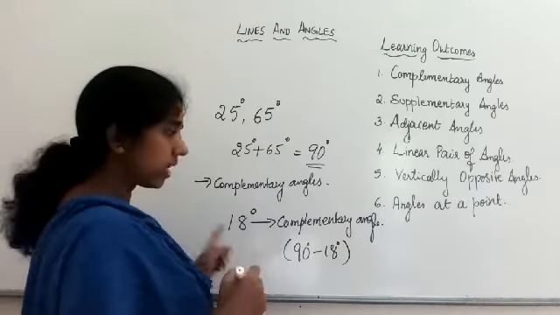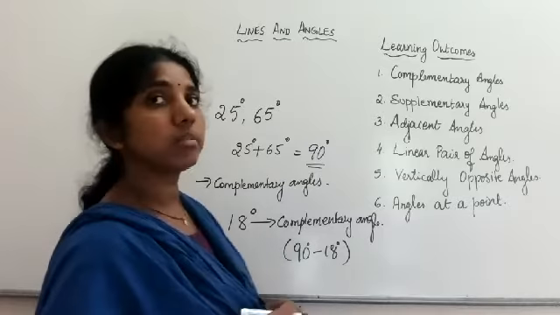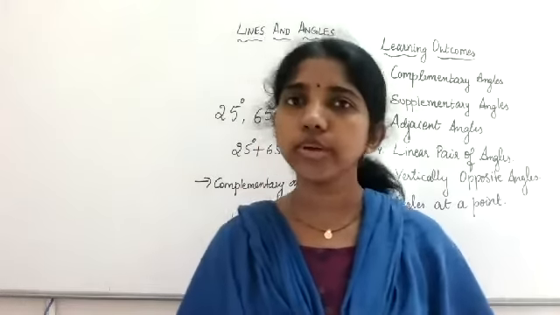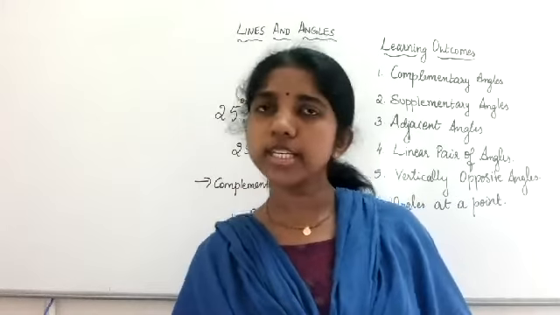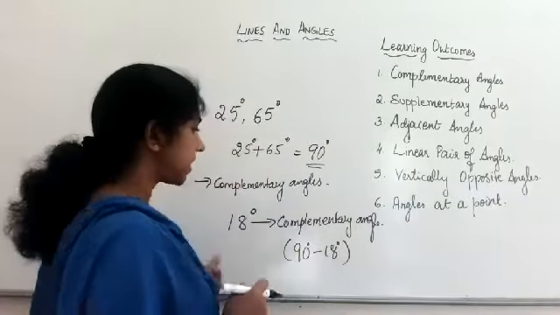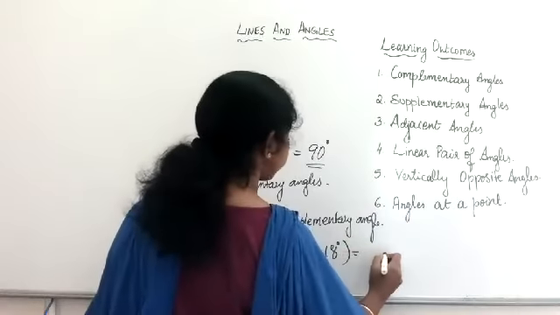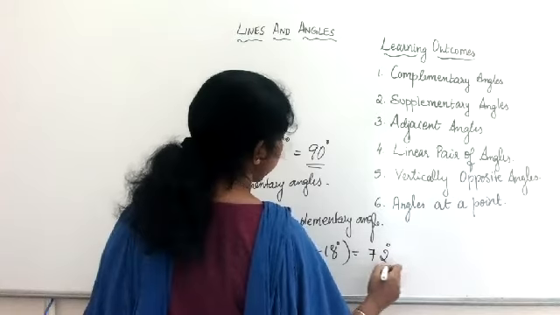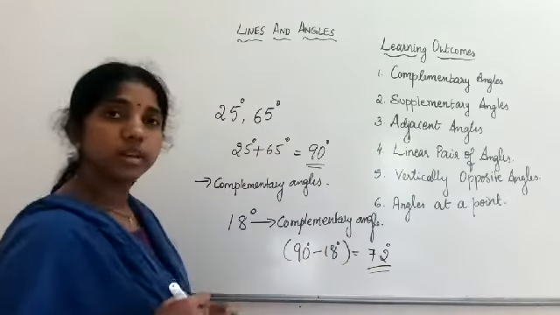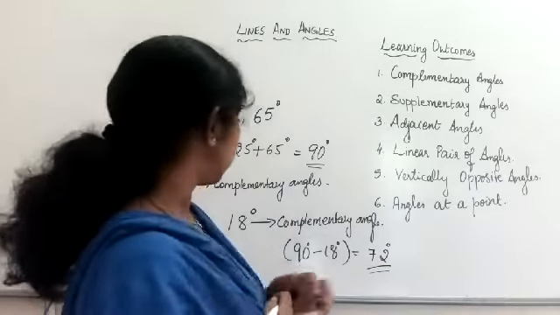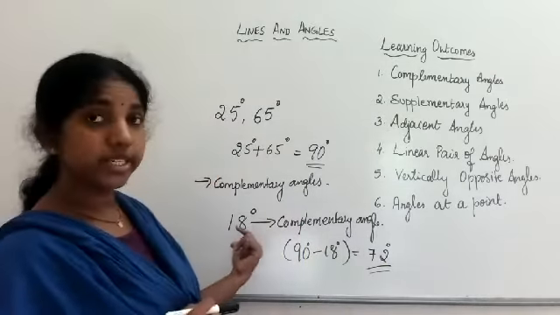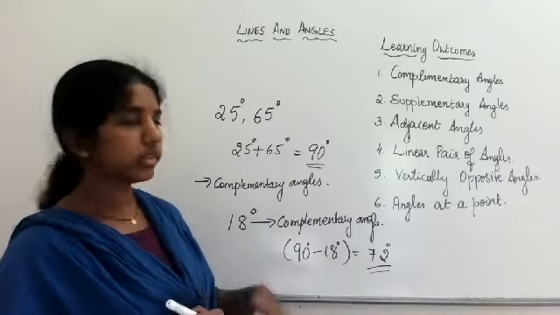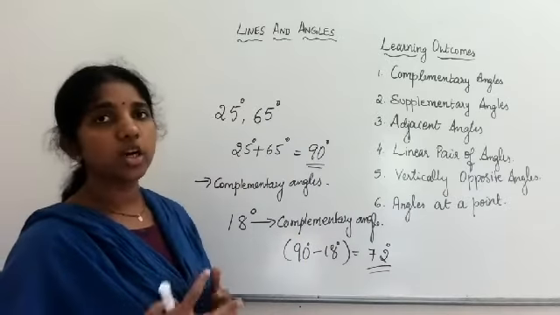Because complementary angles mean the sum of the two angles should be equal to 90 degree. So one angle is 18 degree, the other angle is 90 minus 18 degree, which is 72 degree. So the complementary angle of 18 degree is 72 degree. This is how we find the complementary angle.